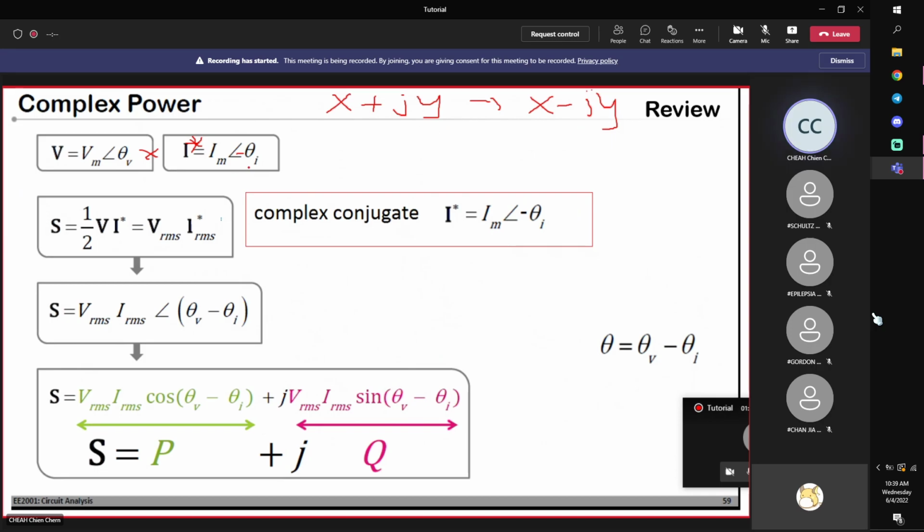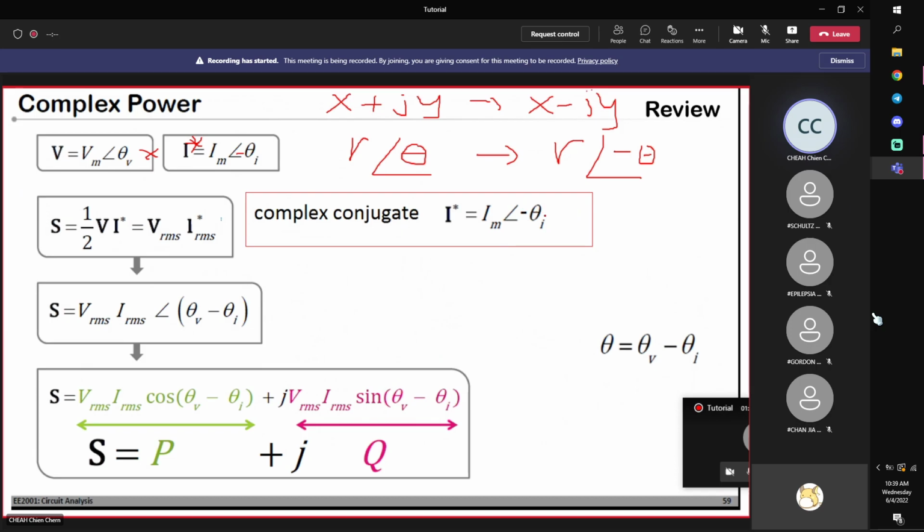In polar form, you can just substitute the positive angle by the negative angle. It's quite easy to see this: the arctangent of y over x becomes negative, so it's actually the reverse of the angle. So in rectangular form, you just reverse the sign of your imaginary part, and in polar form, you just reverse the sign of your phase angle.